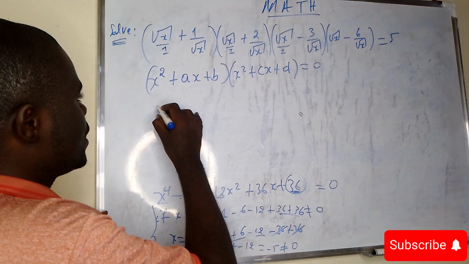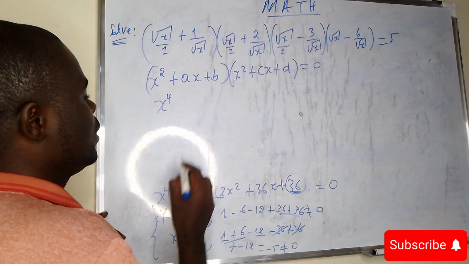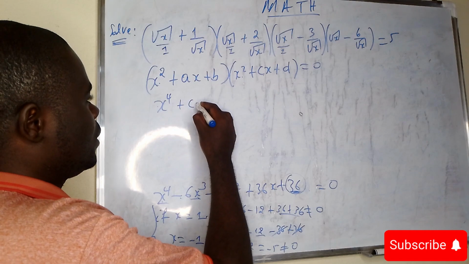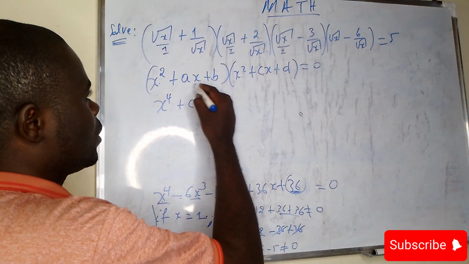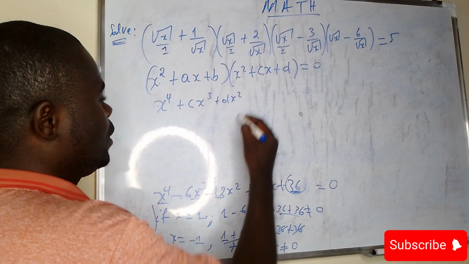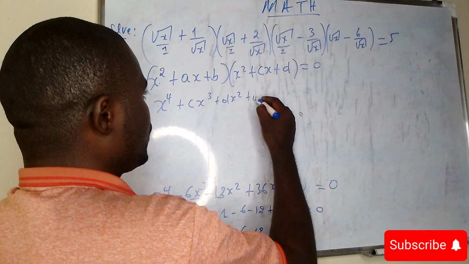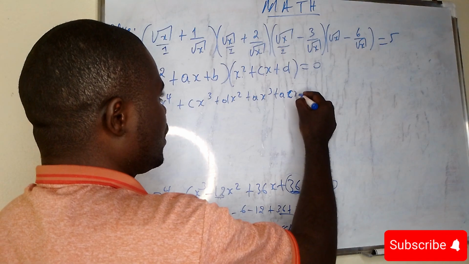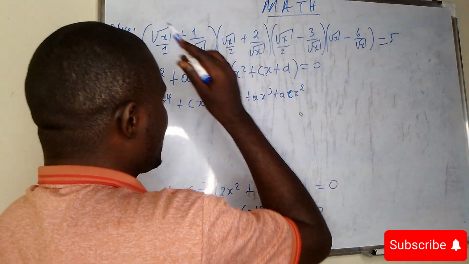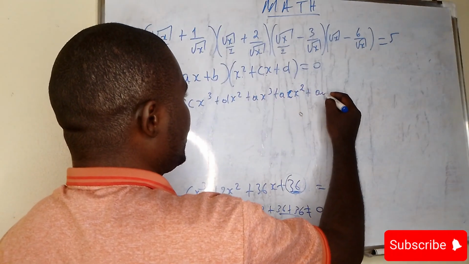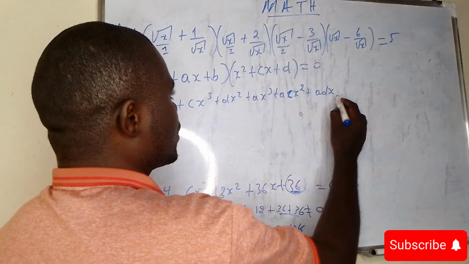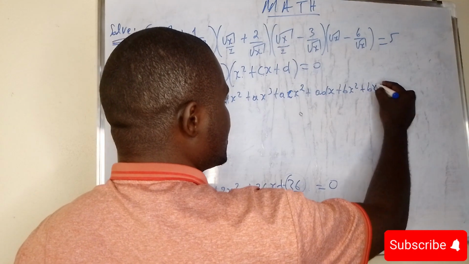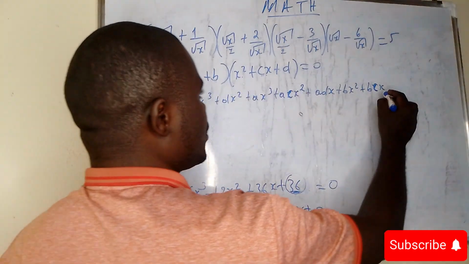When we expand this, you see that we have x to the power 4. When you take this with this, then this with this, you get positive c x cubed, this with this, positive d x squared, this with this, positive a x cubed, this with this, positive ac x squared, and this with this, positive adx, then we use this, bx squared, then bcx.